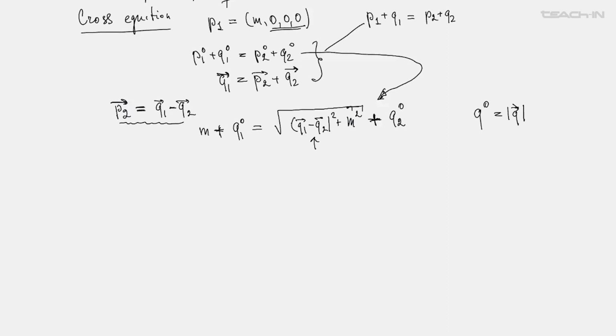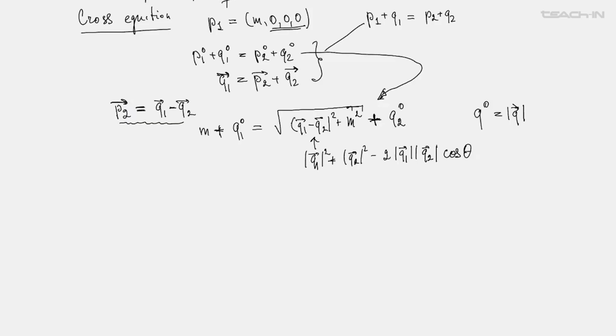We will get Q1 squared plus Q2 squared, minus 2 modulus of Q1, modulus of Q2, multiplied by the cosine of the angle between Q1 and Q2. Q1 is the momentum of the incoming photon, Q2 is the momentum of the outgoing photon, and the angle between them I denote by theta.